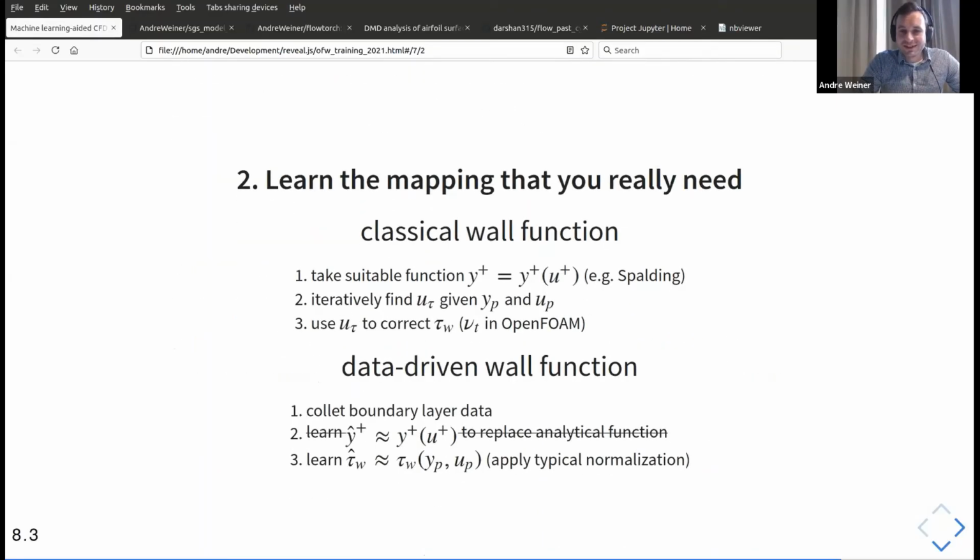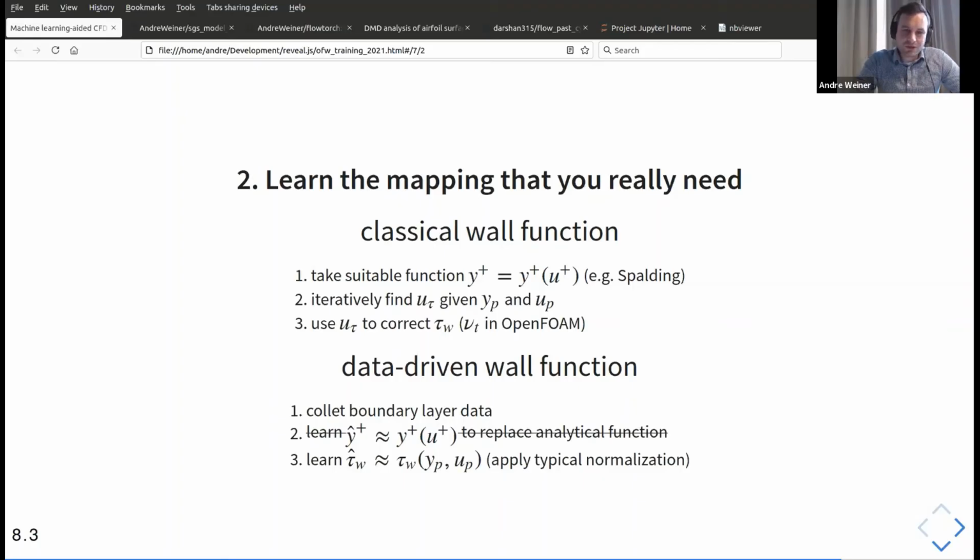The next lesson I had to learn the hard way was that you should always think first what kind of mapping you actually need, and then learn that mapping directly. Just to give you a small example, I hope some of you know how wall functions in turbulence modeling are implemented in OpenFOAM.